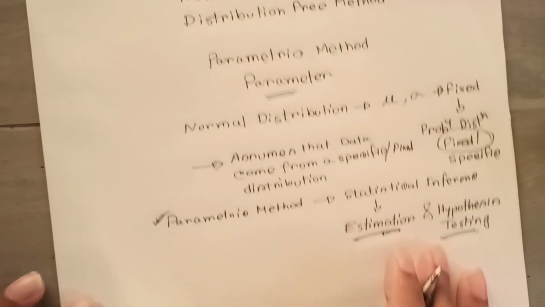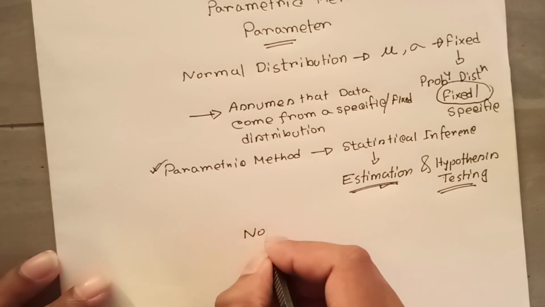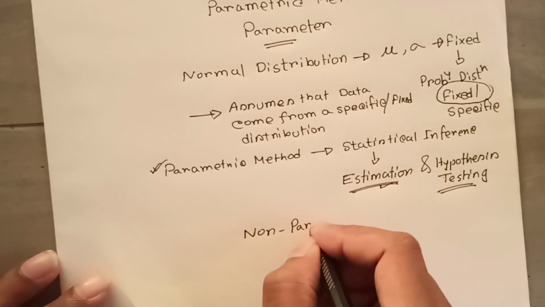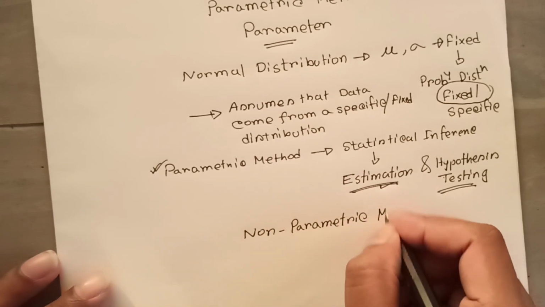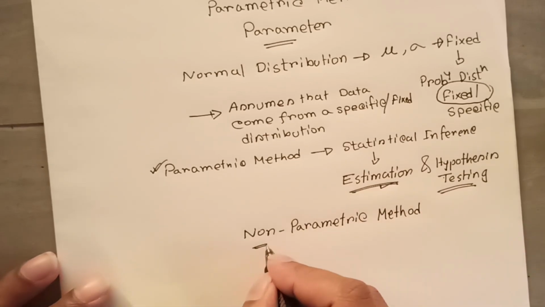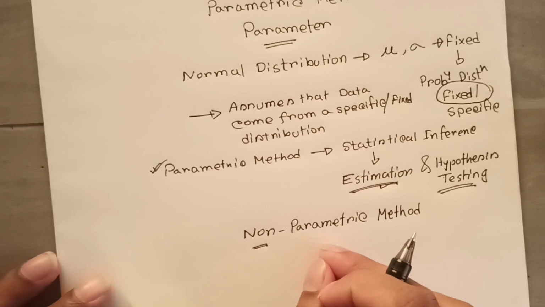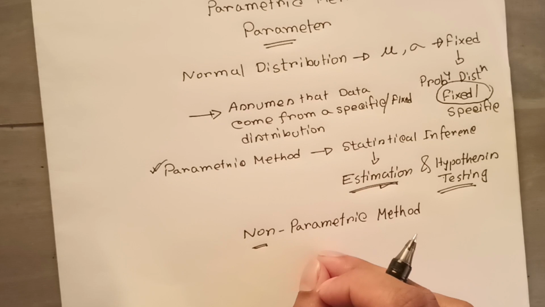Now let's go for the non-parametric method. Let's see what exactly the non-parametric method is. The non-parametric method is exactly the opposite of the parametric method.